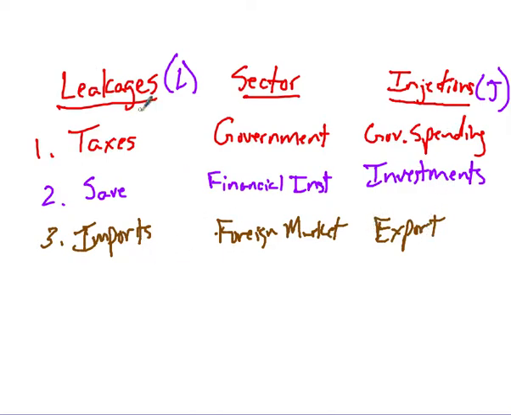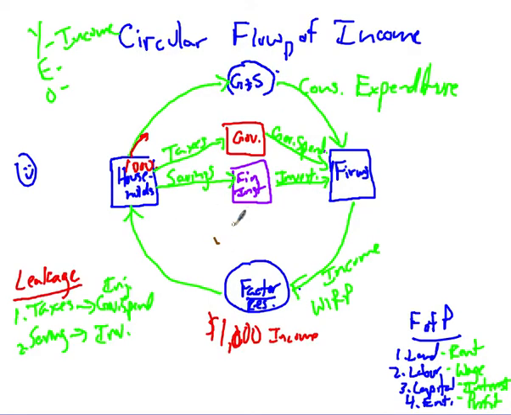And so we have three leakages. One is taxes, which go to the government. The government uses that money for government spending. We have savings, which go to financial institutions, which lend it out to businesses to make capital investments. And we have imports. Money goes out to other countries, and then other countries also buy stuff from us, and that's the export. So let's go over here and put the foreign market, just say foreign exchange.